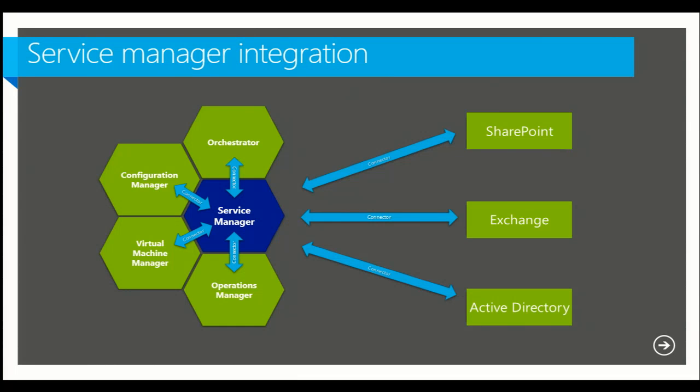And last but not least, Operations Manager, which has the privilege of having two connectors. One is for incidents. So when an alert is raised in Ops Manager, it is connected to Service Manager and registered there as an incident. And it has a CI connector.